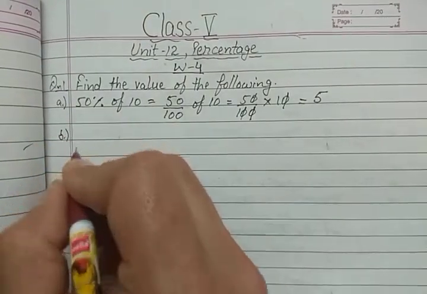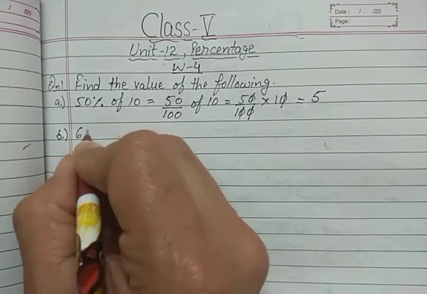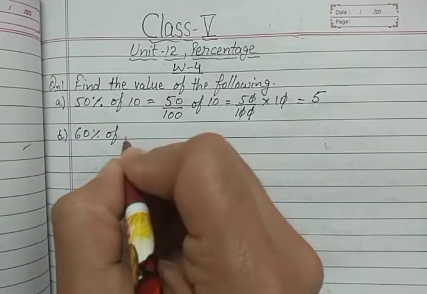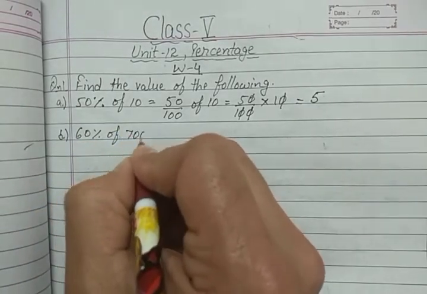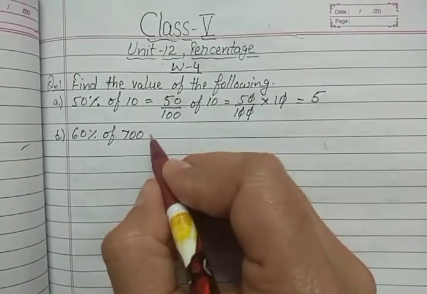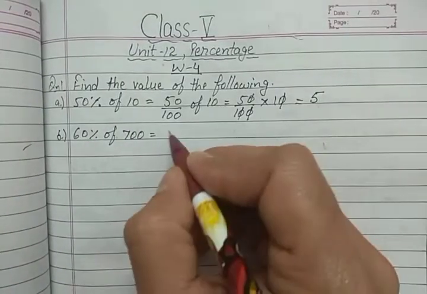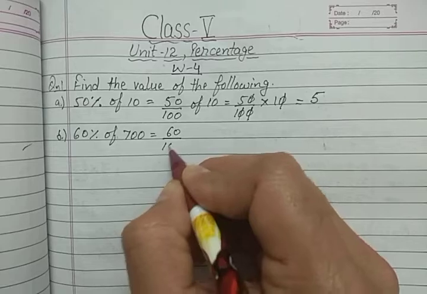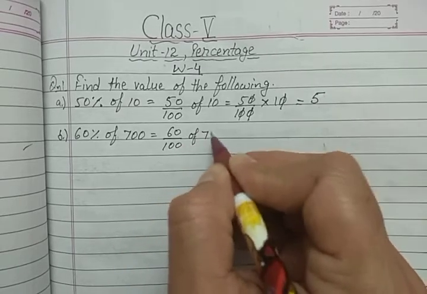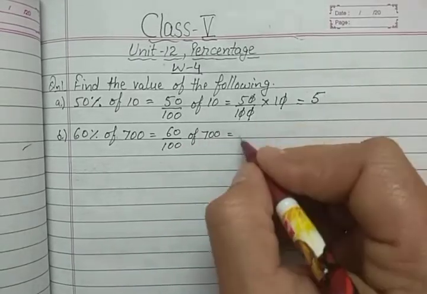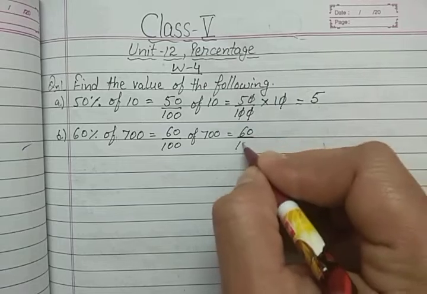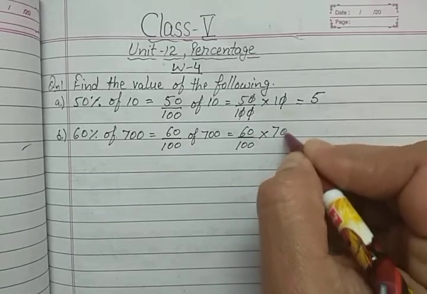Similarly, B part, 60% of 700. Now solve it in the same way. Remove the percentage sign. 60 upon 100 of 700. Then of is removed by multiplication sign. 700.